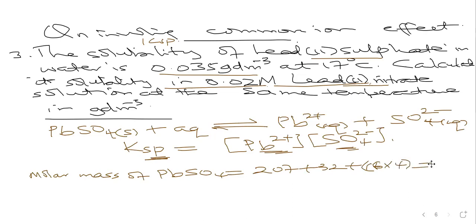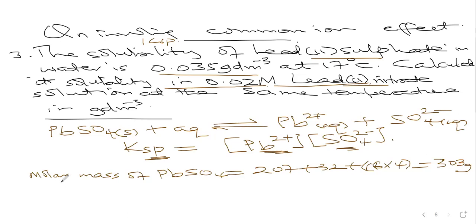When you add this up, you get the molar mass of lead 2 sulfate as 303. I'm putting units here because I'm dealing with molar mass. I'm not dealing with RFM. So the units here will be grams.